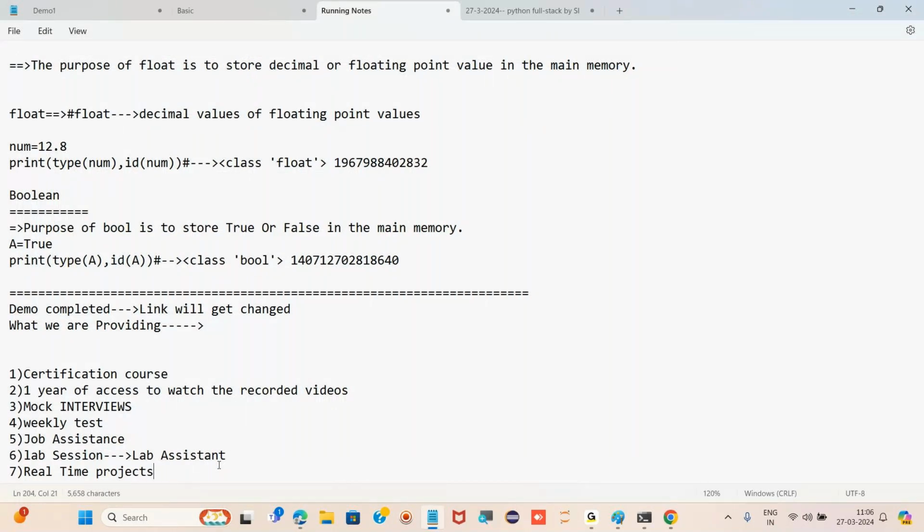I searched on the internet for Python certifications and found entry level certifications like PCP associate.